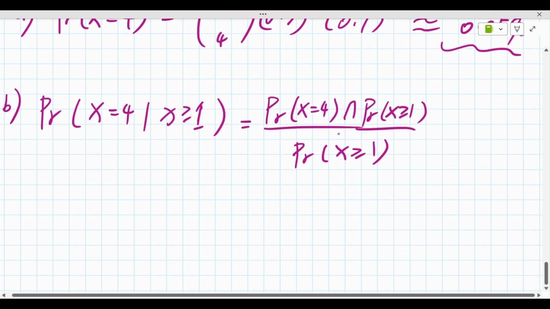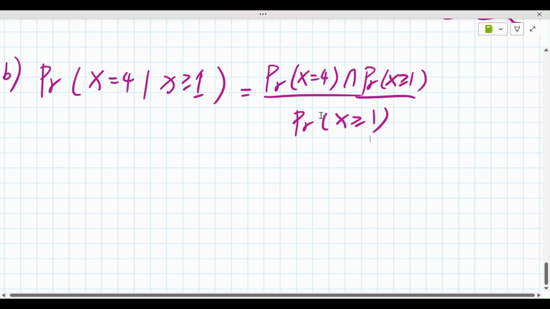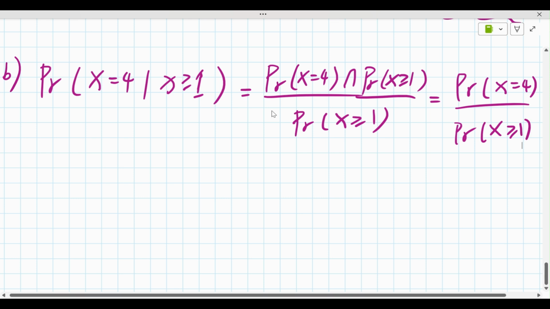Please use the CAS calculator. The top one is easy because if you are equal to 4, you are also greater than or equal to 1. That means probability of x equal to 4 over probability of x greater than or equal to 1.